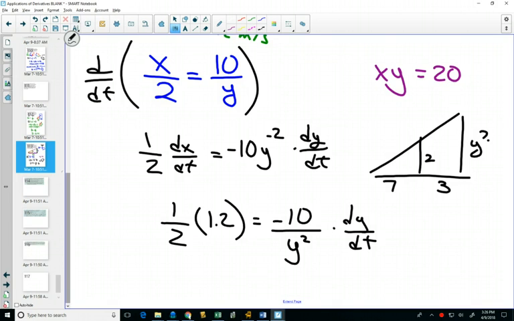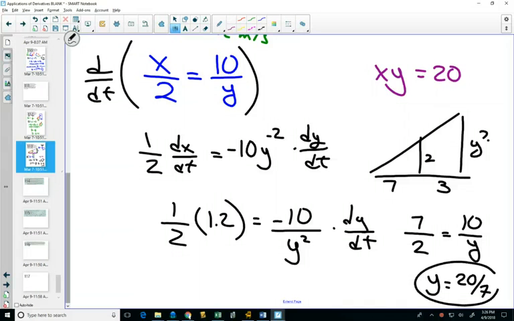We know that 7 over 2 has to be the same as 10 over y. So at this moment, when he's 3 meters away from the wall, y will be 20 over 7.